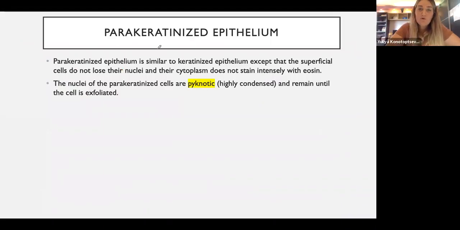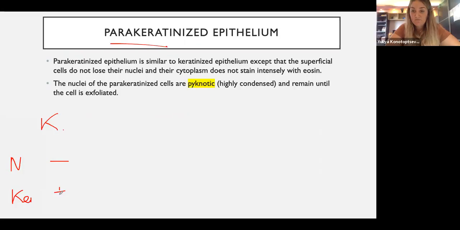There is something called para-keratinized epithelium, and this is very special. We just said that keratinized epithelium, does it have nuclei? Nope. Does it have keratin? Yes, it has. Non-keratinized epithelium, does it have nuclei in the superficial layer?